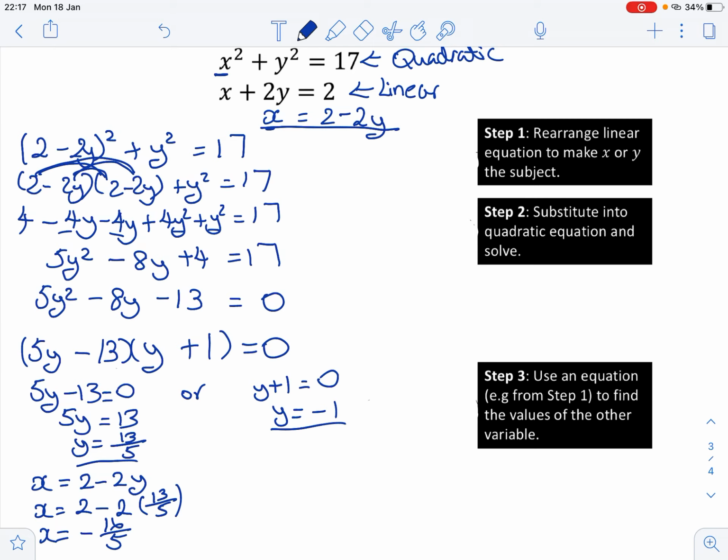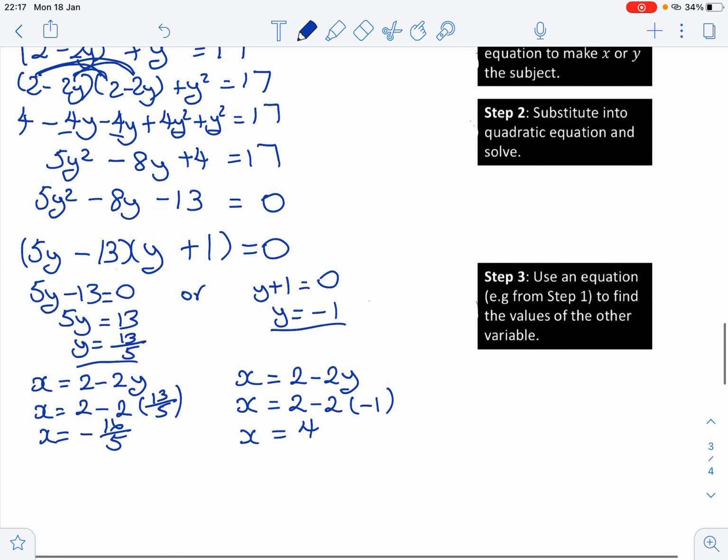When y equals minus 1, I have x equals 2 minus 2y, so x equals 2 minus 2 multiplied by minus 1. So my x equals 4.